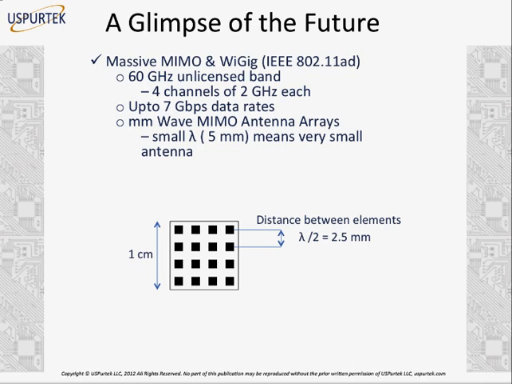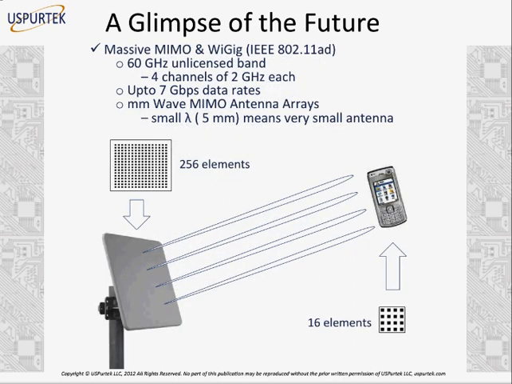So just think about the consequences of this when we have so many antenna elements in a very small space. You could have smartphones with multiple antennas, maybe 16 or maybe even more. A smartphone has much more than 1 centimeter square of space. You could fabricate all these antennas into the physical body of the smartphone and have a MIMO smartphone, also capable of multi-gigabit reliable throughput.